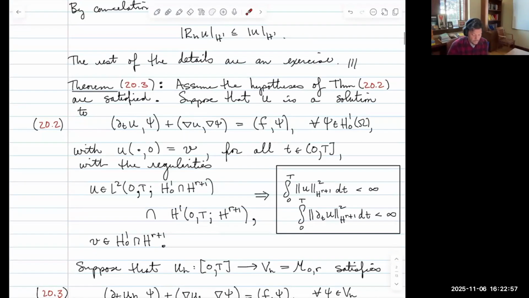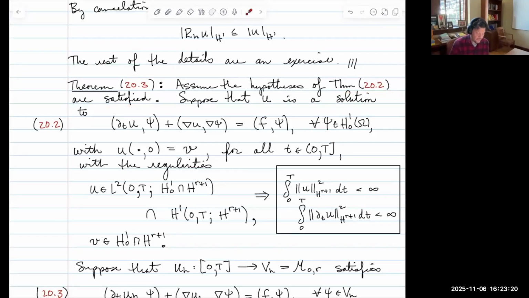All right, now what we want to do is focus on that semi-discrete Galerkin approximation for the diffusion problem, that model parabolic problem that we want to solve. So how does this work? Well, first of all, let's assume that the hypotheses of theorem 20.2 are satisfied.